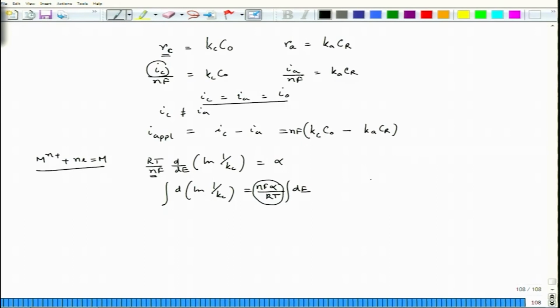Now, when we have polarization because of that net current flow, either it can go to the positive side or negative side. So, now E0 is basically my initial equilibrium potential and E is the final potential after polarization.